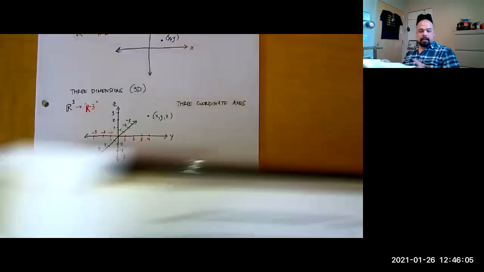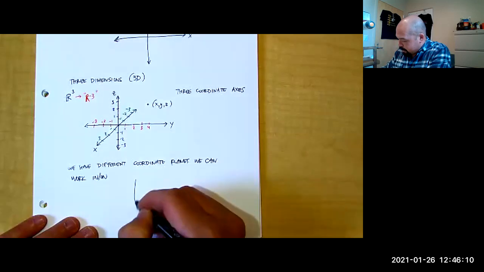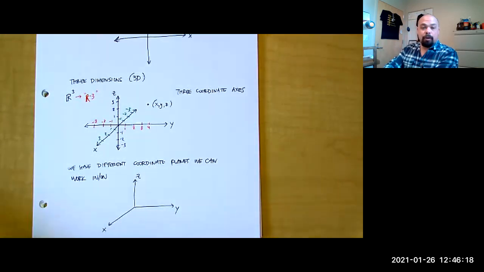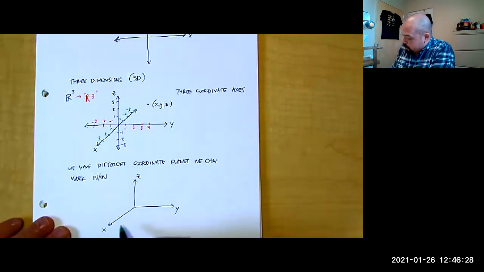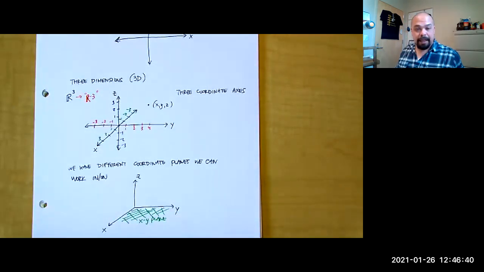So I'm going to redraw this here. If we have just the positive portions, we can imagine extending these infinitely long in any direction. But we can start to look at these different planes. So here, the one we're most commonly used to, here's our xy-plane, that bottom portion where x and y can identify.